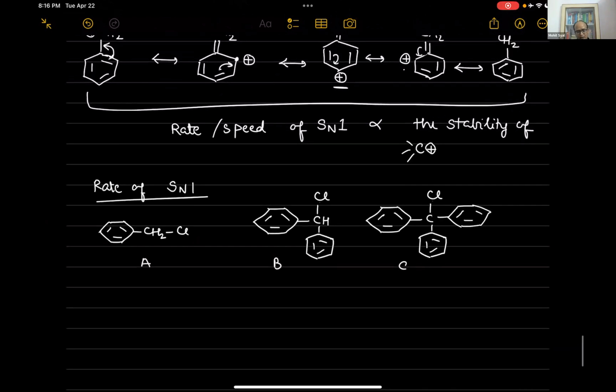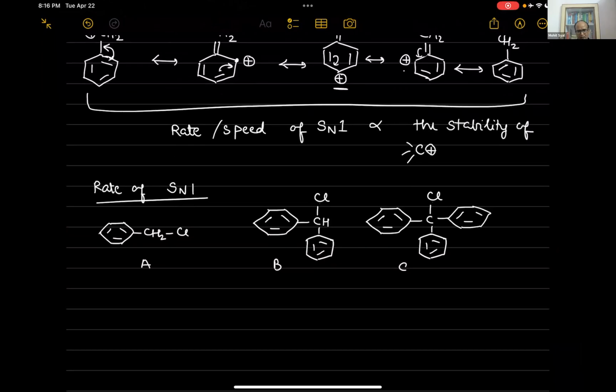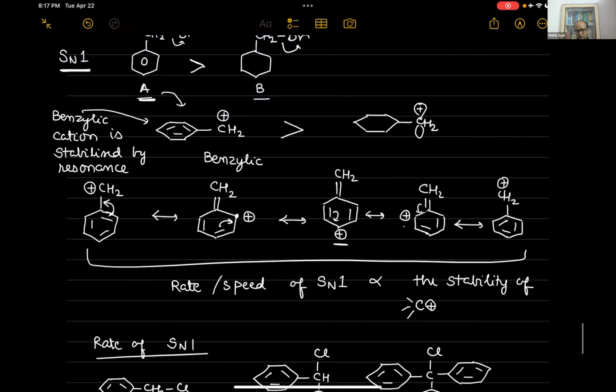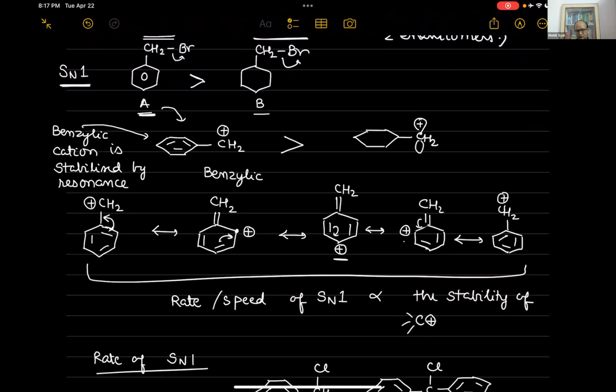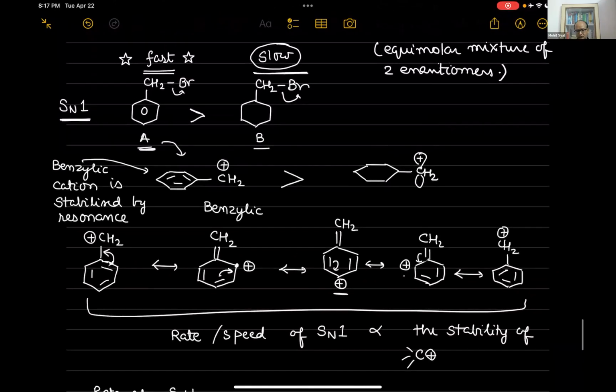Okay, I was explaining the substitution reaction and SN1 reaction in which the group comes out before the attack of the nucleophile. And I just explained that if the group comes out before the attack, it leaves behind a carbocation.